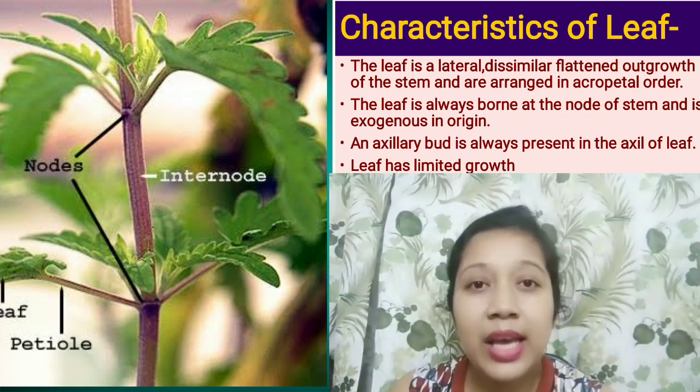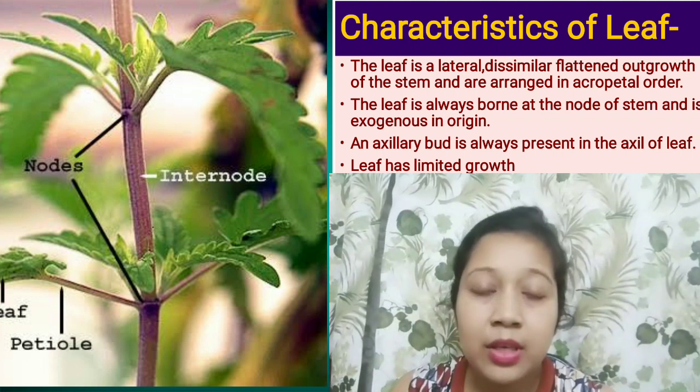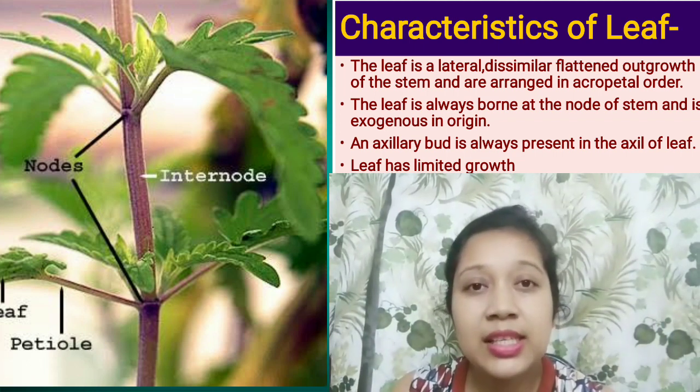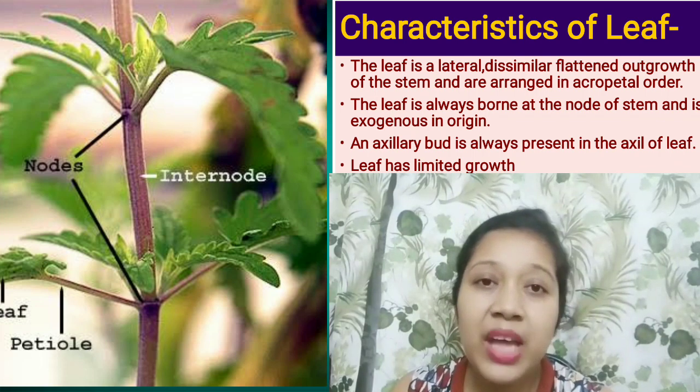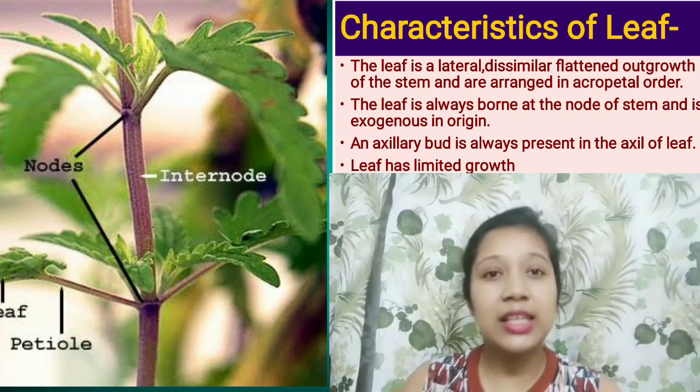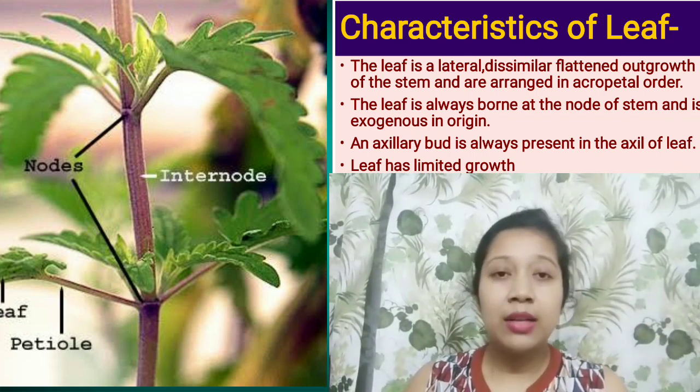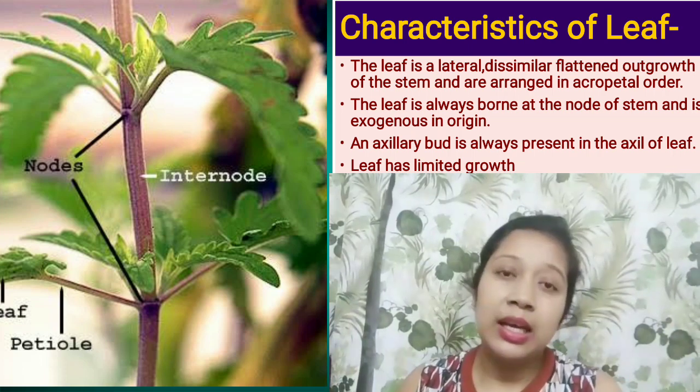That is its exogenous nature. That is why the point says that it is always developed from the nodes of the stem, and it is exogenous in origin. Now let's come to the third point.